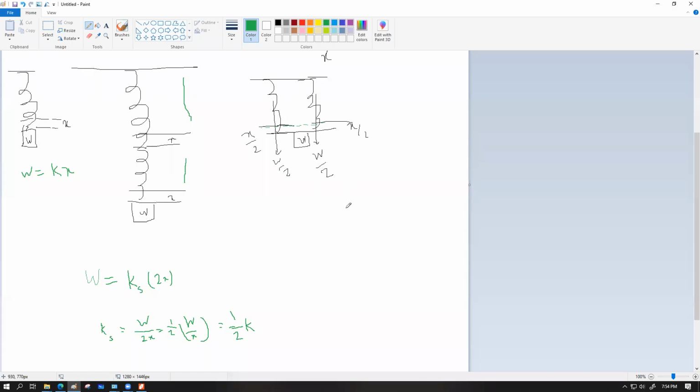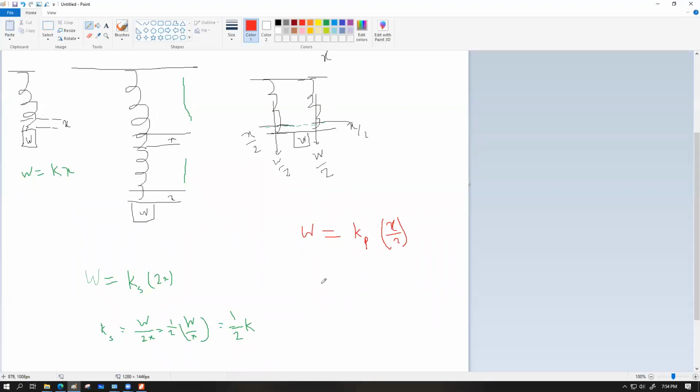As for the parallel combination, let me add this with another color, let's say red. Here we can see that by applying the W load, the total amount of extension that we achieved was X by 2. So if we assume that the spring constant of this parallel combination is Kp, this will be the formula for this case: W equals the spring constant of the parallel combination into X by 2, that is the total extension that we got.